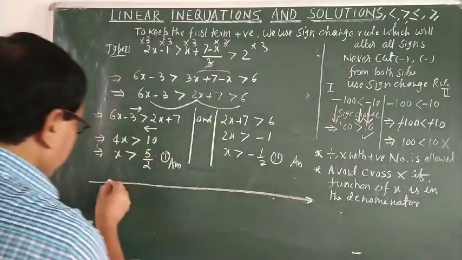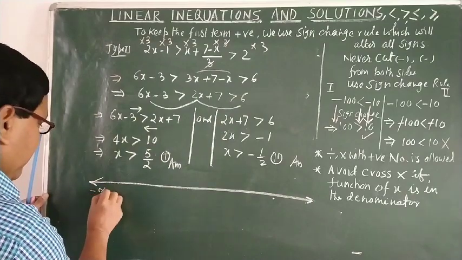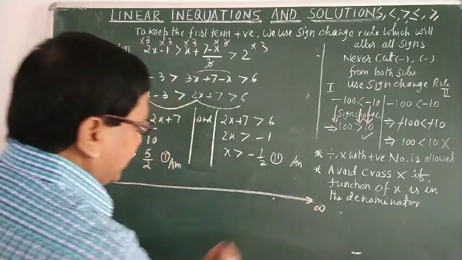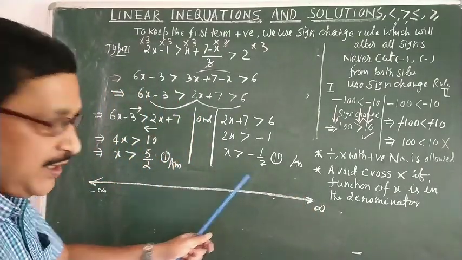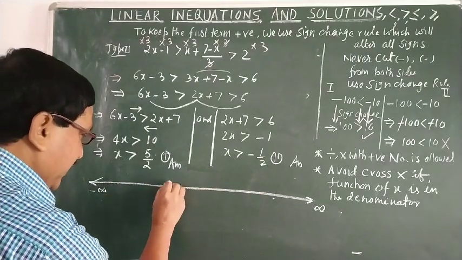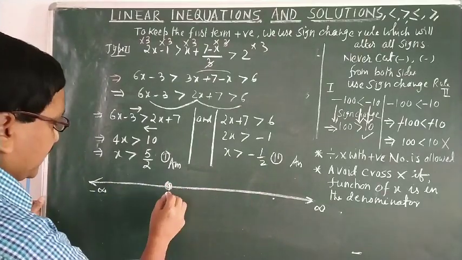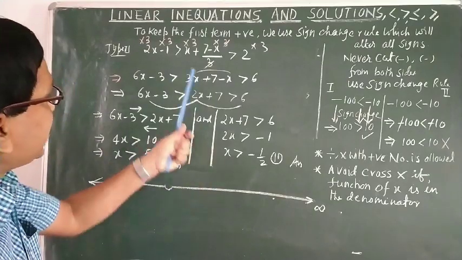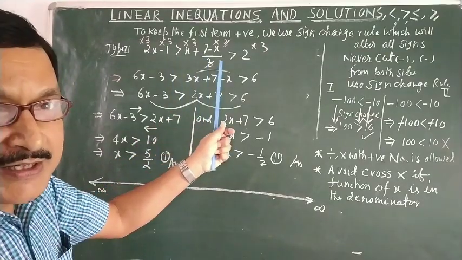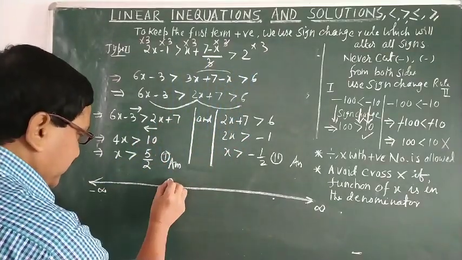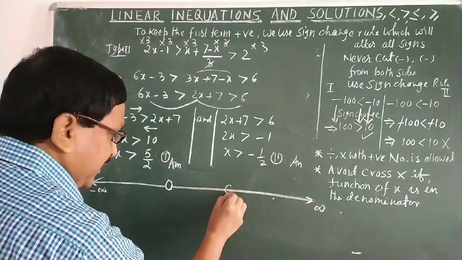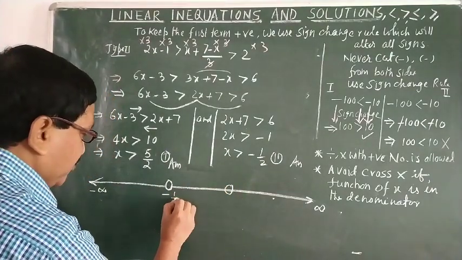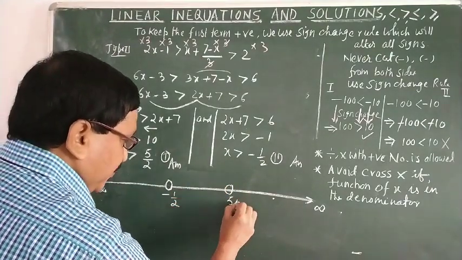Just see how the combination is done. Minus infinity to infinity, minus 1 by 2 is expressed on the left side of the number line. But there is no equal sign, everywhere greater than. So this gap and gap, minus 1 by 2 and 5 by 2.